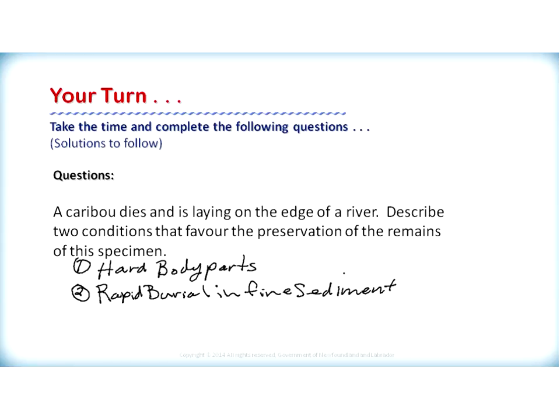And a third condition responsible for fossilization will be an oxygen-poor environment.